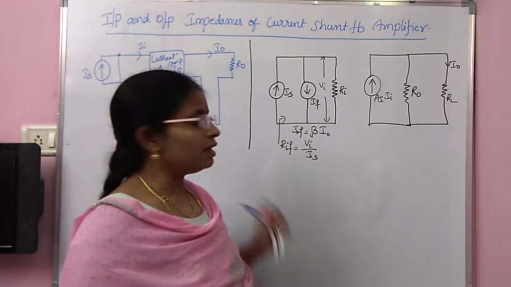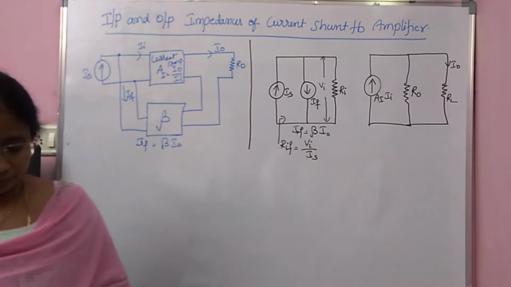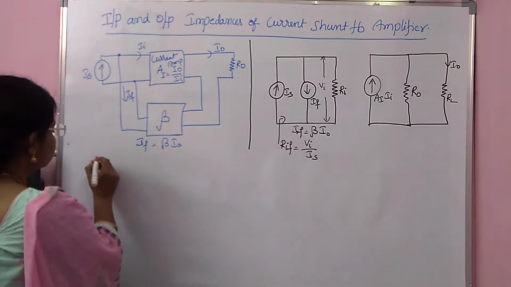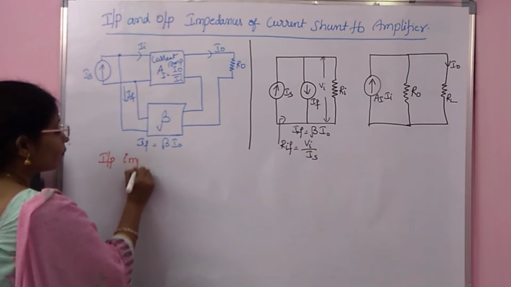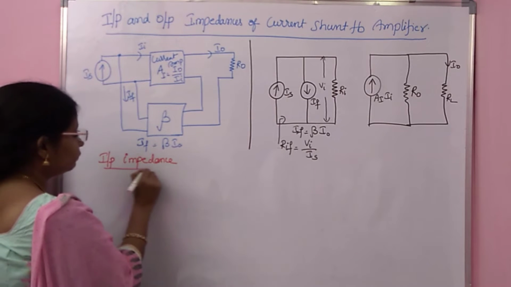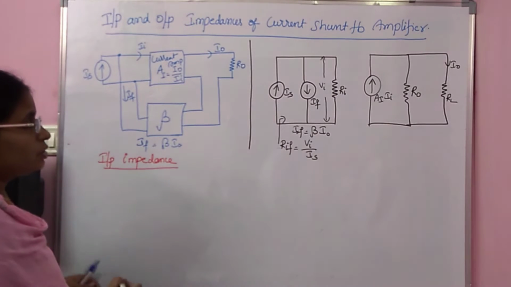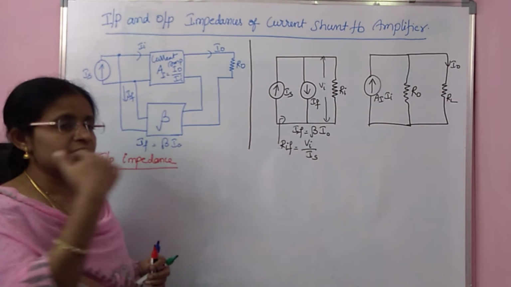Now we'll derive the RIF, the input impedance. For the input impedance, you must start from the input circuit.